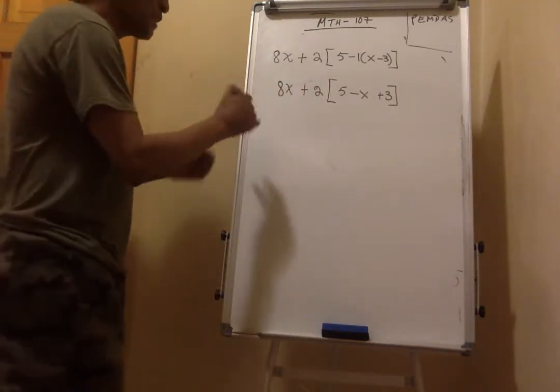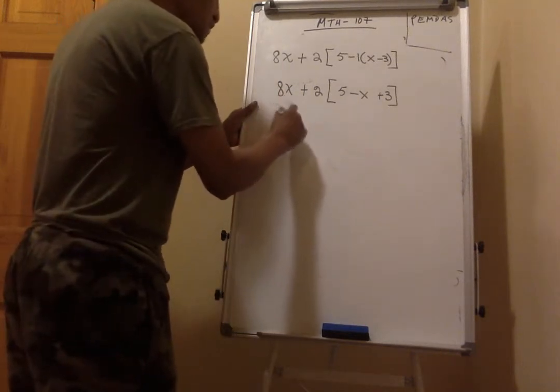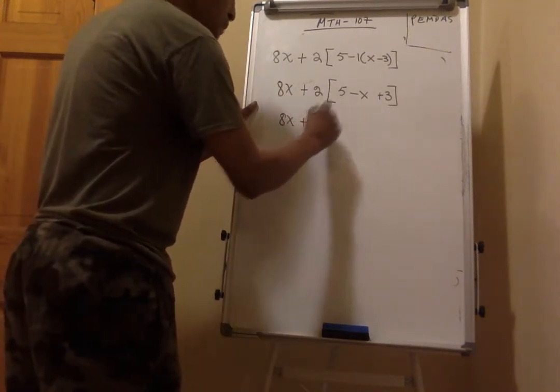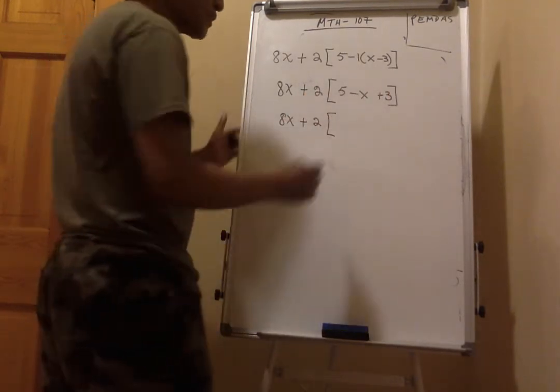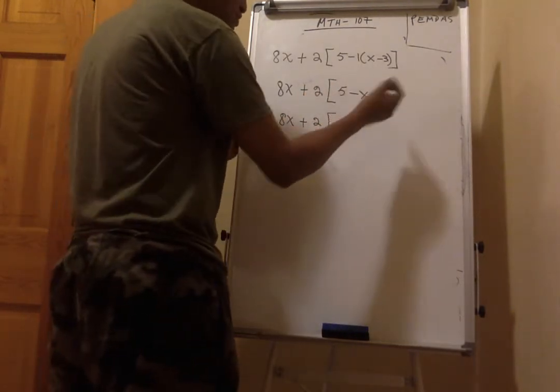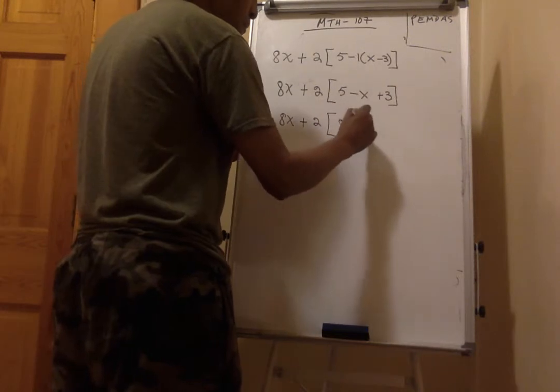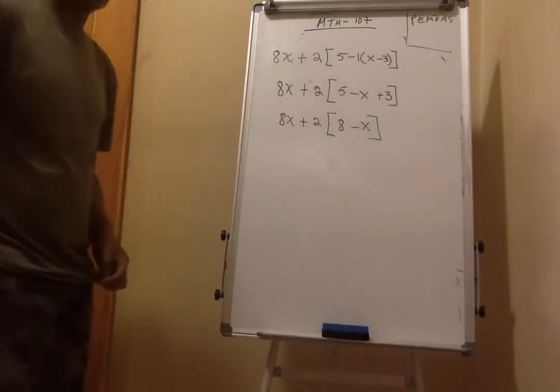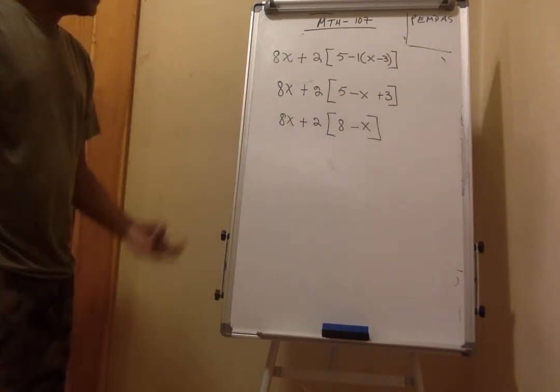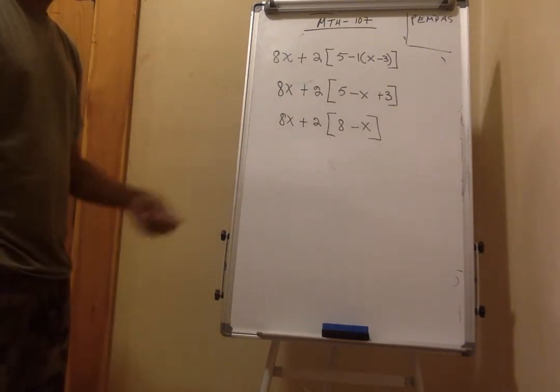So I'm not going to touch 8x and 2 yet. I'm going to bring it down. Now I have 5 and 3. So let me write 5 plus 3 is what? 8 minus x. Okay. Now the order of operation tells me what?